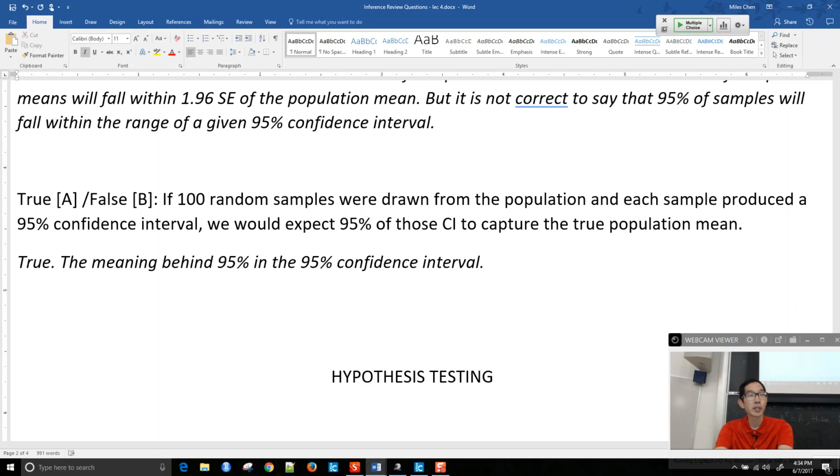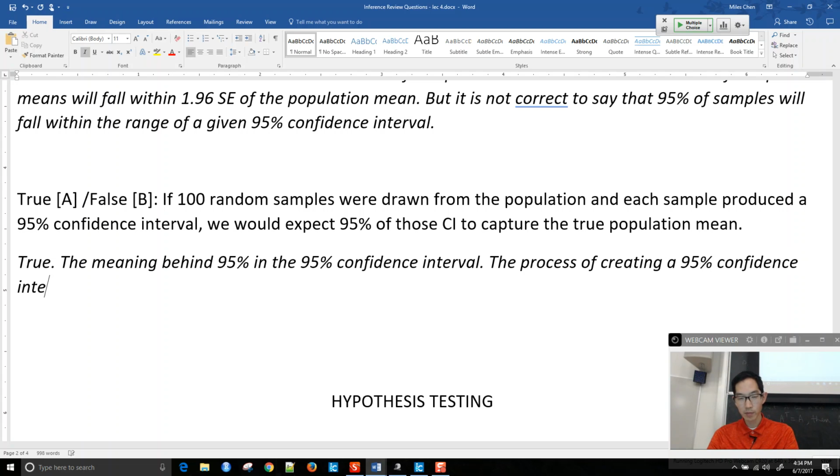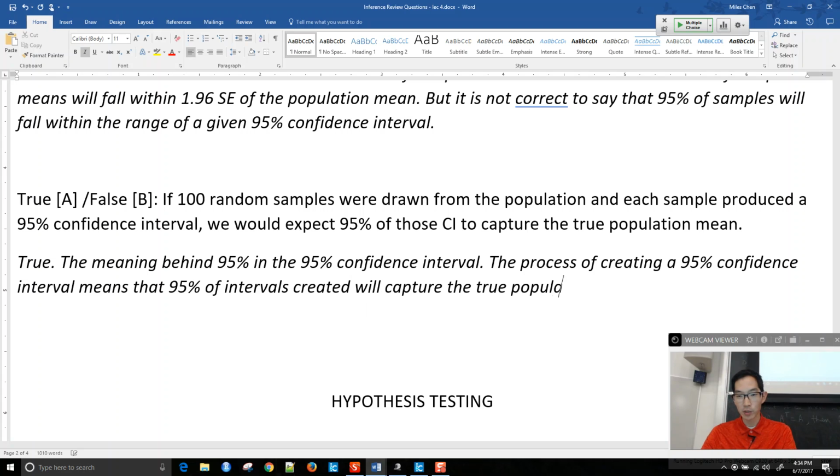Basically, the process of creating a 95% confidence interval means that 95% of intervals created will capture the true population mean.